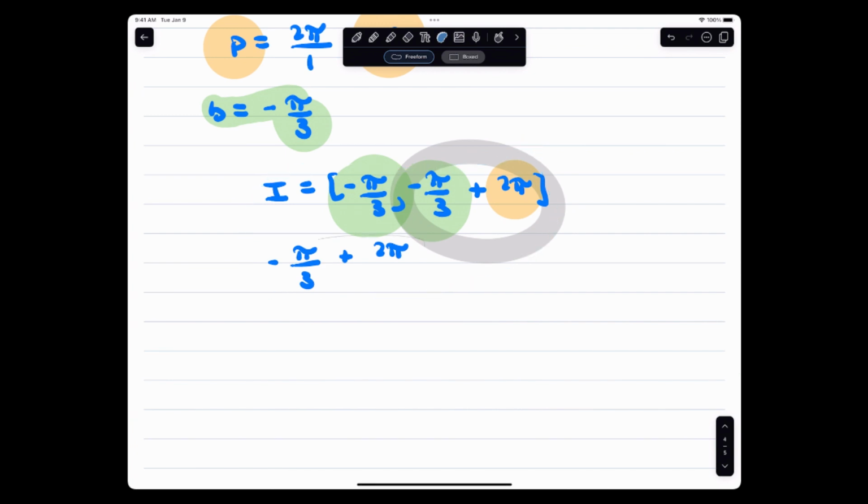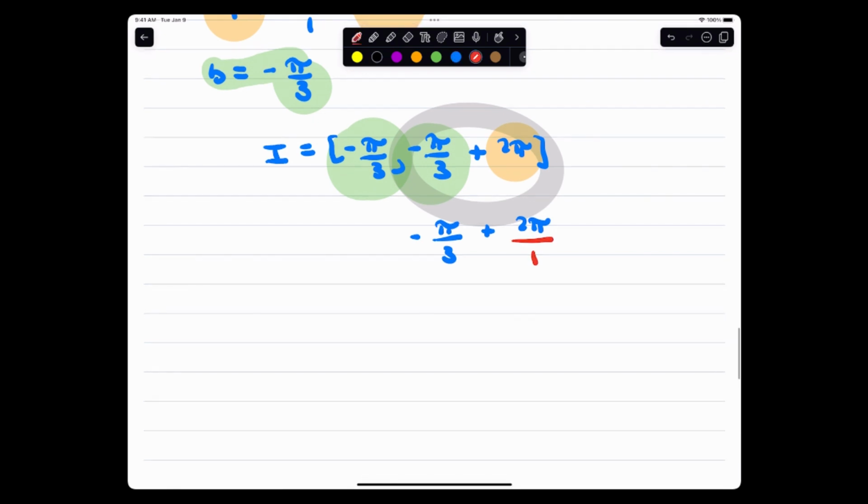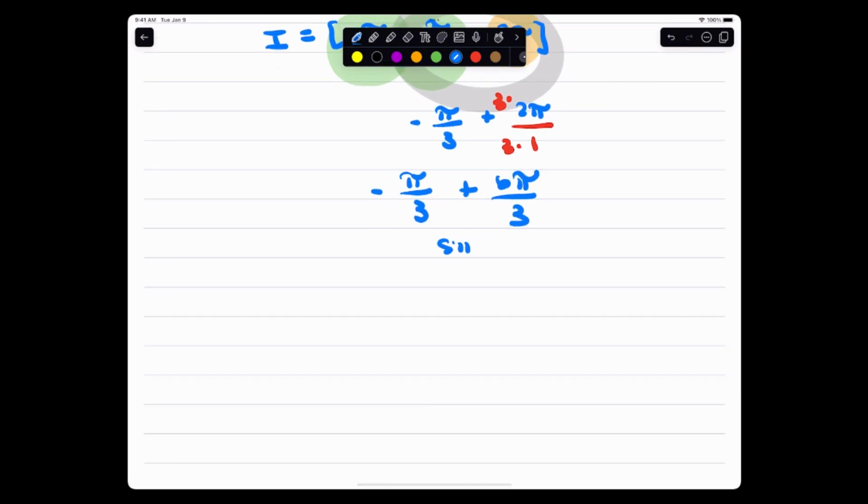So 2 pi divided by 1. You're going to multiply the top by 3 and the bottom by 3. What do you end up with? Negative pi over 3 plus 6 pi over 3. What does that give you? 5 pi over 3.